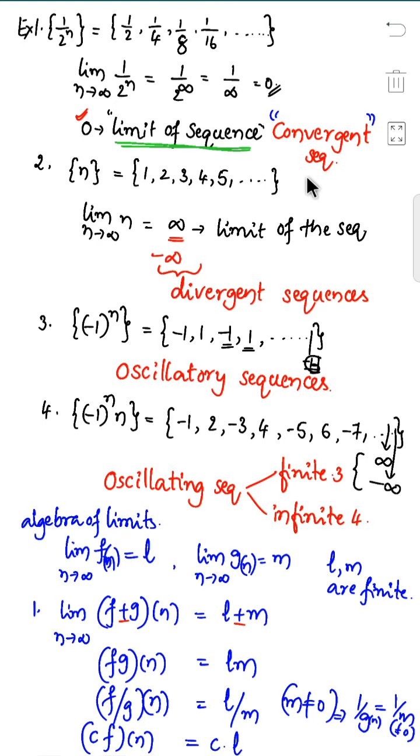Let's see what that means for convergent sequences. Let's say a sequence a_n converges to a, and a sequence b_n converges to another number b.